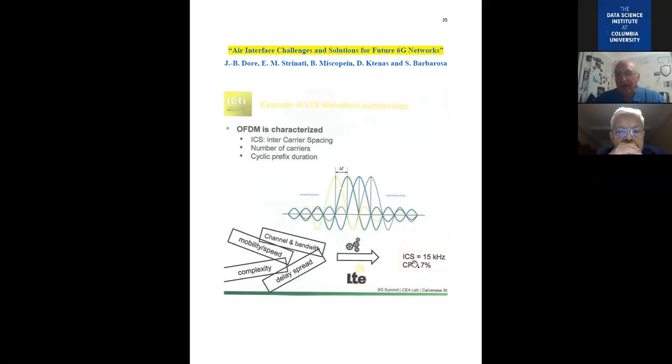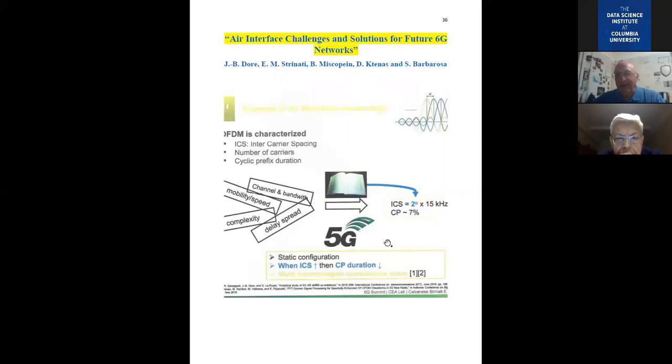The first slide essentially looked at 3G and 4G with delta F, the subcarrier spacing, of 15 kilohertz. The cyclic prefix, as I mentioned earlier, turns out to be 7% of the time of a symbol. This was 3G and 4G. Then this essentially was 5G. Instead of using 15 kilohertz, you could use numbers much bigger, 2 to the n times 15K: 30, 60, 120, 240, and even 480.